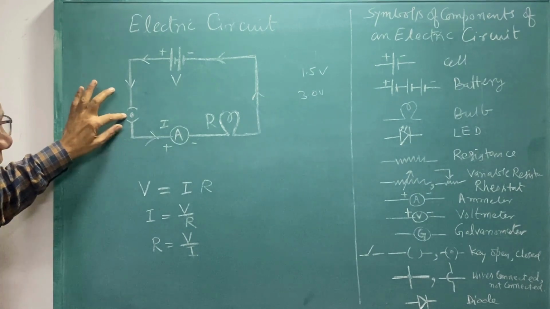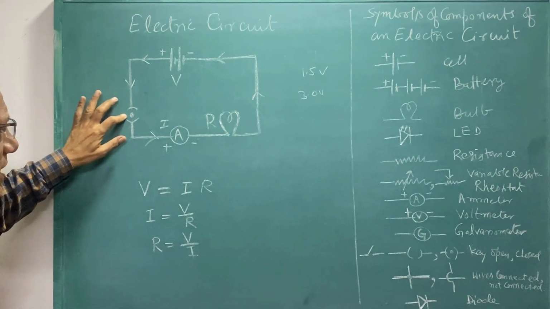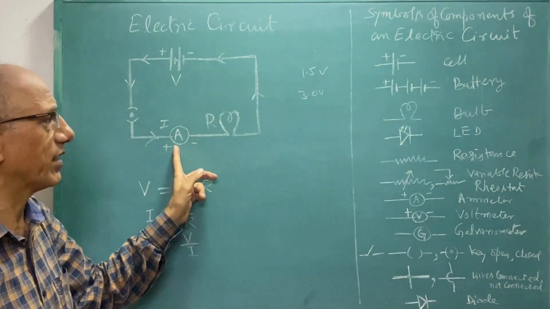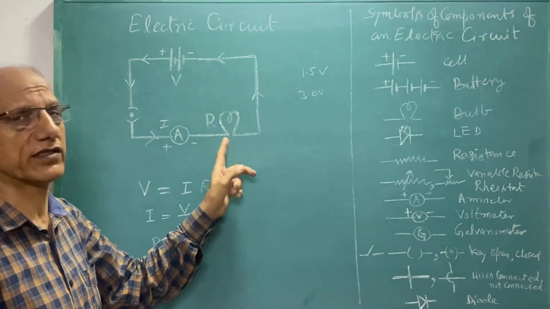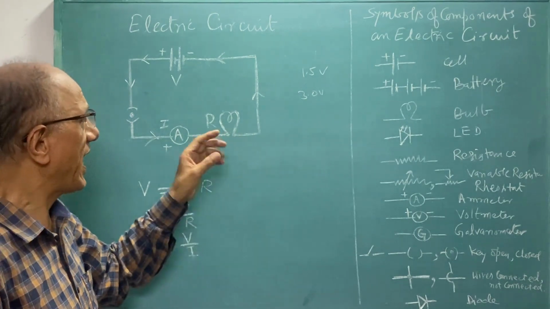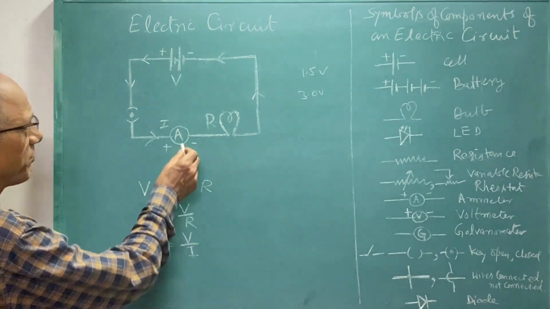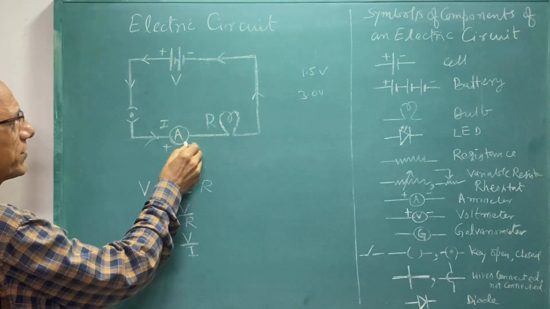or you make the key on, that means close the key, then a current will flow through this resistor, that means the bulb, the load, and how much current is flowing through it, you can measure with the help of this ammeter.